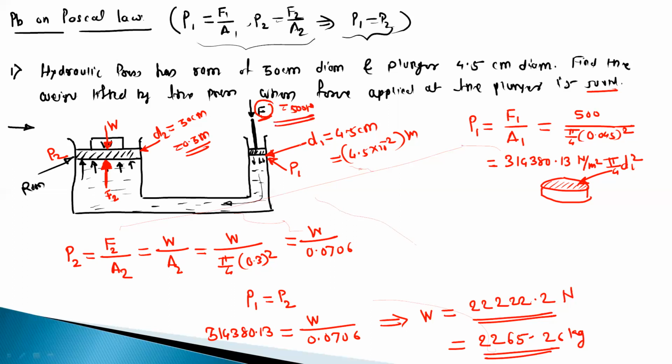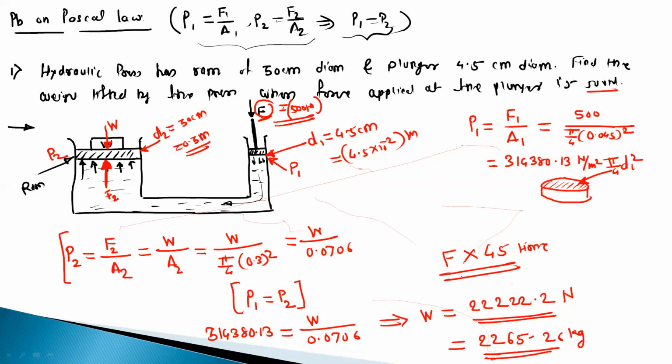So if you observe, this is the application of this equation, which is P1 is equal to P2. We are applying a very small amount of force, which is 500 Newton. But this force gets amplified on the other side and it can lift a weight of 22,222 Newton, so almost 45 times that of the original force.